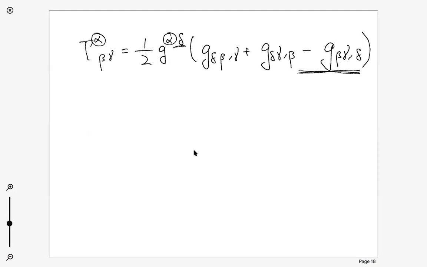Okay, and then again, delta is contracting, right? This is contracting, contracting, contracting. And now we are dealing with a two-dimensional space, and the coordinate system is theta and phi.